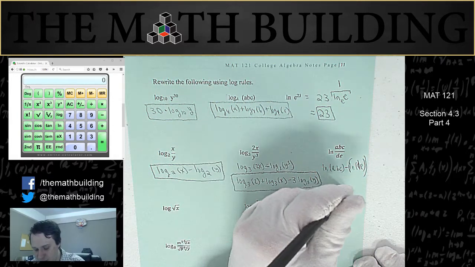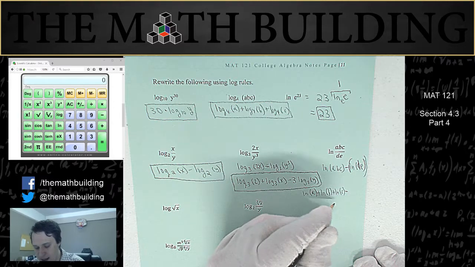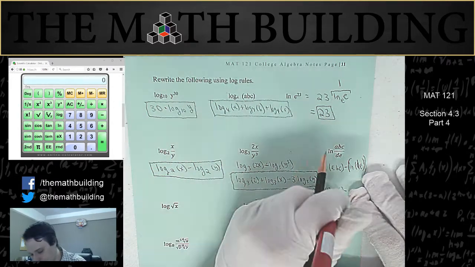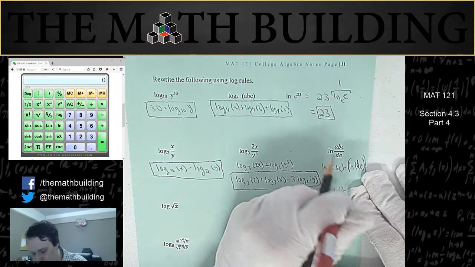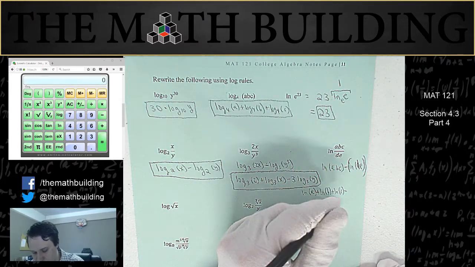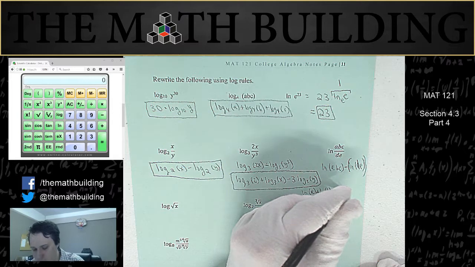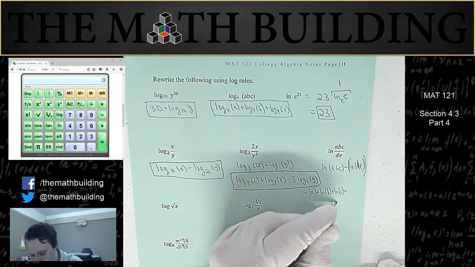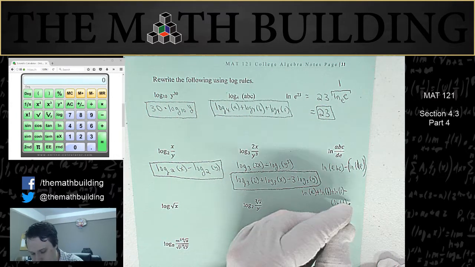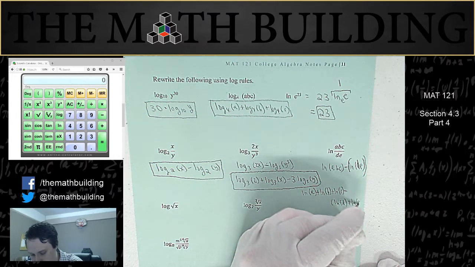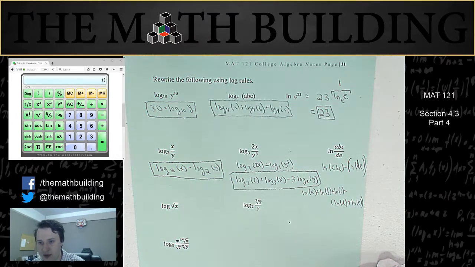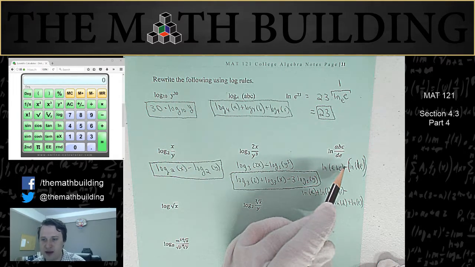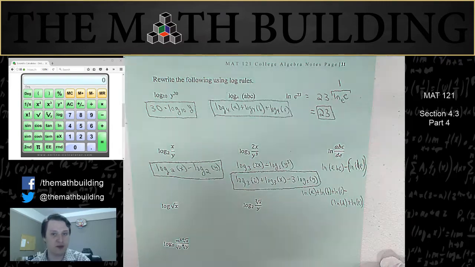That means we need to subtract all of ln of D plus ln of E. In other words, when you break this up with the multiply rule, this minus sign needs to distribute to both things.